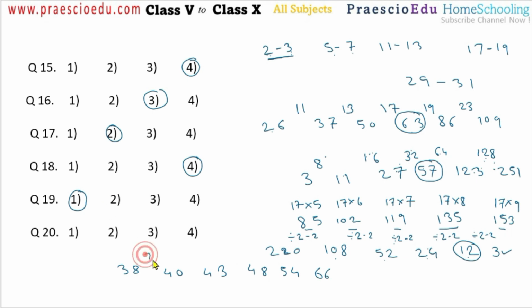So here 2, then here 3, then here 5, here 7, and here also 11. But if you see 54, after this one, actually 55 should be there. Okay, so 55 plus 11 is 66, this comes. So instead of 54 there should be 55. So 54 is the different one, and this is given in option number 1.